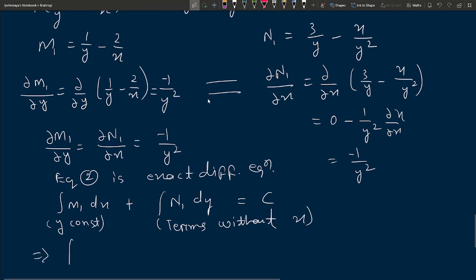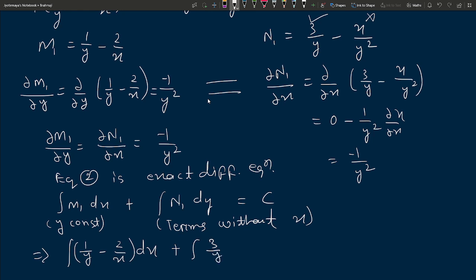So the integration of M is (1/y − 2/x) dx plus the integration of N1: 3/y − x/y². This term contains x, so you will not write it. 3/y does not contain x, so you will write 3/y only, so 3/y dy equal to c.